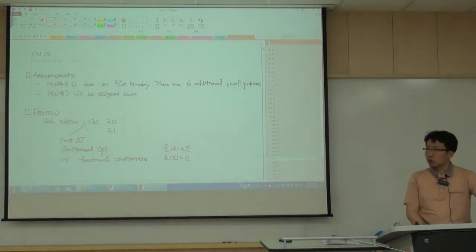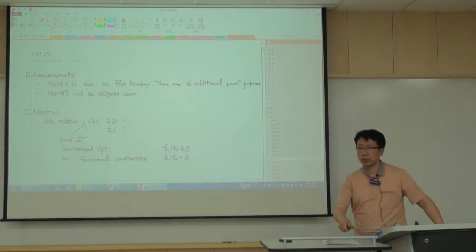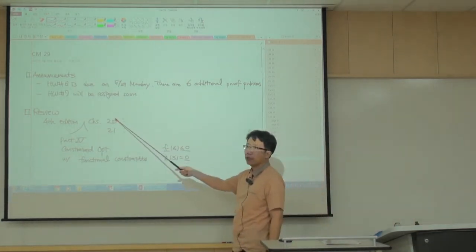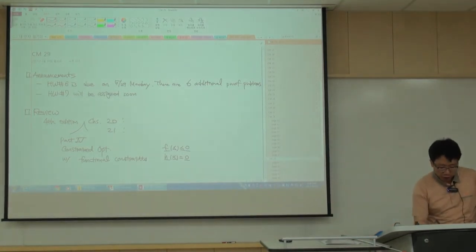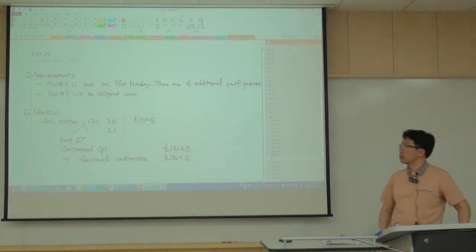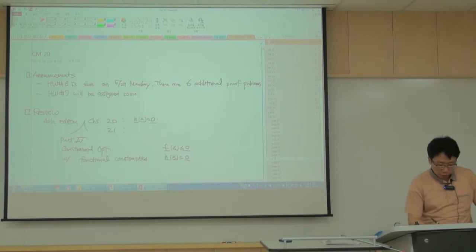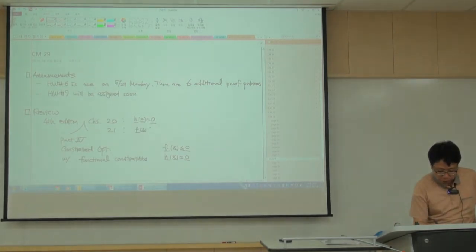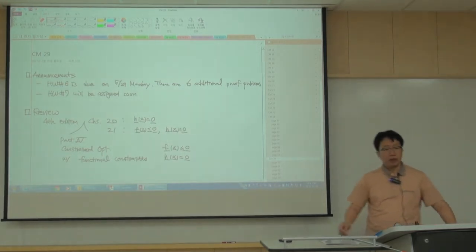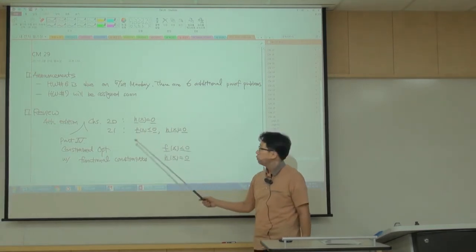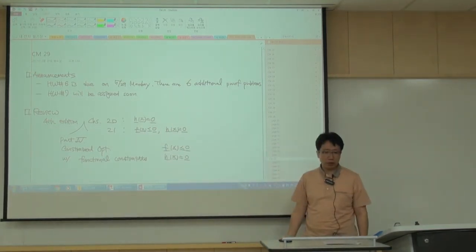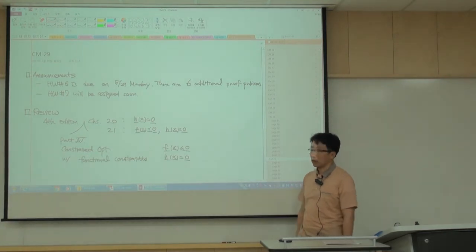Here in chapter 20 of the 4th edition, before it was chapter 19, we studied constraint optimization with an equality constraint function. So we have a constraint like this. In chapter 21, we have both the inequality constraint function and the equality constraint function. And you may say, wait a minute, this is a special case of general constraint optimization problems with equalities and inequalities.